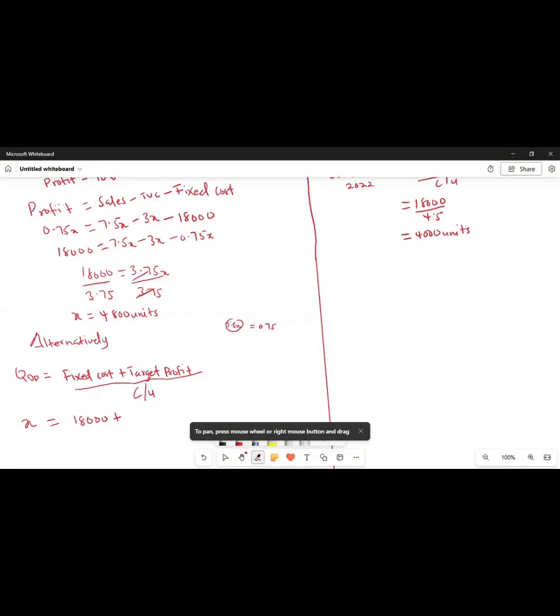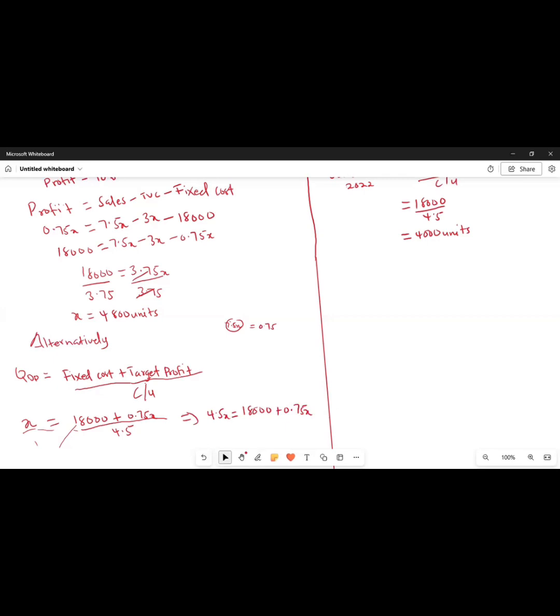Sales 0.75x. You get 2.5x per unit contribution. This is where your mathematics will come in. So here is divided by 1.